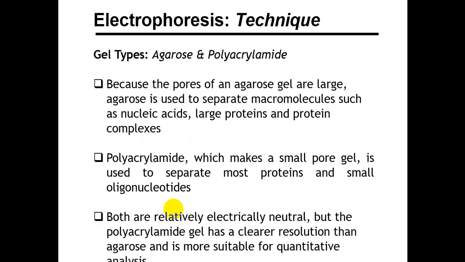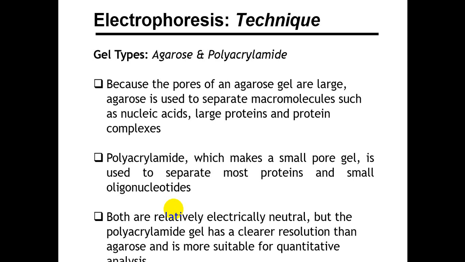Because the pores of an agarose gel are large, agarose is used to separate macromolecules such as nucleic acids and large proteins and protein complexes, whereas polyacrylamide gel, which has smaller pore sizes, is used to separate most proteins and small substances, or oligonucleotides. What are those?